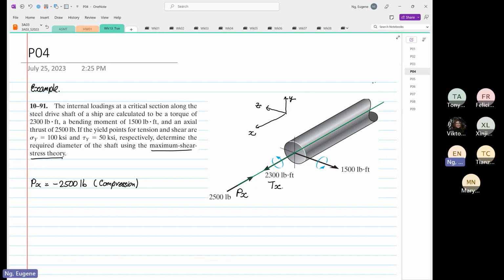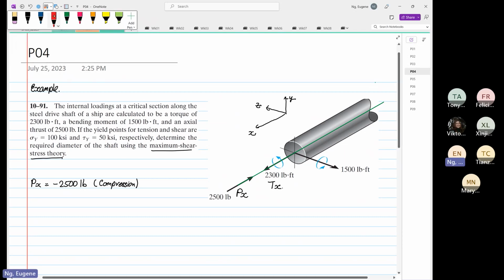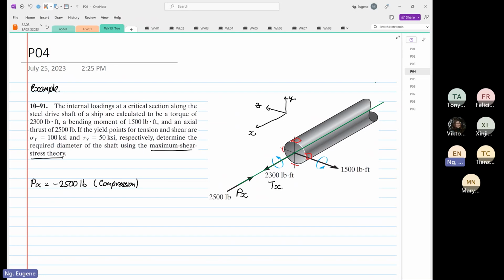Why is there a centroid? Because we are going to place 4 elements. Okay, and later on I'll explain to you why 4. So you have an element over here, another element over here, another element over here, and another.